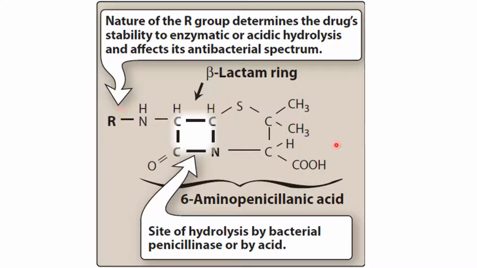So this is the chemical structure of the penicillins, or actually 6-amino. It is 6-amino because the amino group is in the 6th position, counting 1 2 3 4 5 6, the 6th carbon. And it is a penicillanic acid because there is an acid here.